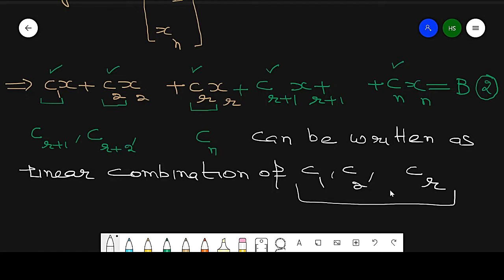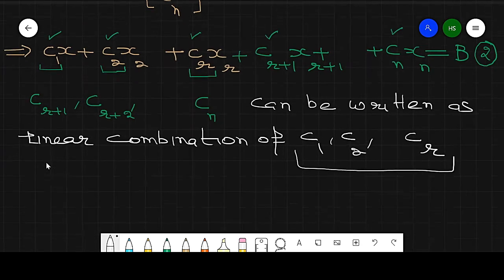Now it means that B, which is written in the form of these vectors, can be written as a linear combination of C1, C2, and CR when we substitute these values.